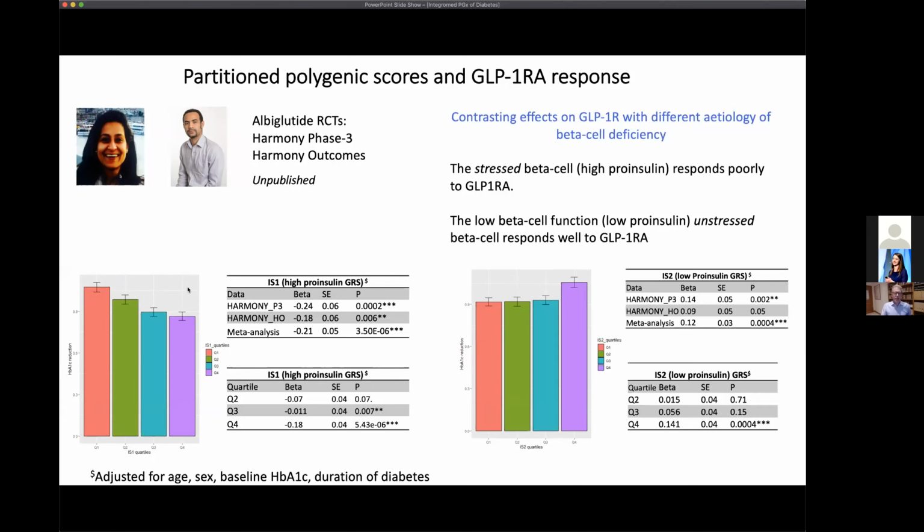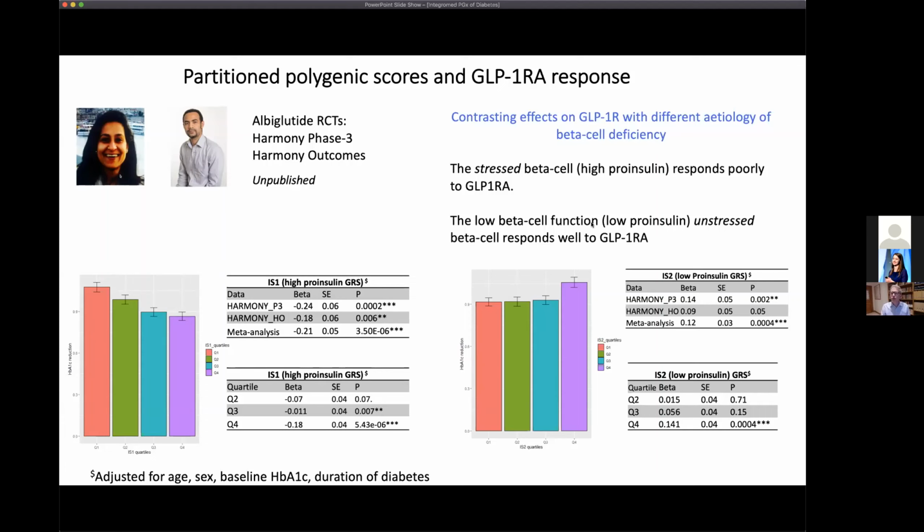And I won't go through the detail, but what we can see on the left is the beta cell dysfunction partitioned polygenic risk score that has the high proinsulin. So, the higher the quartile, the higher the genetic risk, the lower the beta cell function. So the people with worse beta cell dysfunction but with high proinsulin are not responding so well to GLP-1 receptor agonists. And that's about a 0.8% HbA1c reduction versus a 1.2, 1.3% difference. So it's quite a reasonable effect difference between the lower quartile.